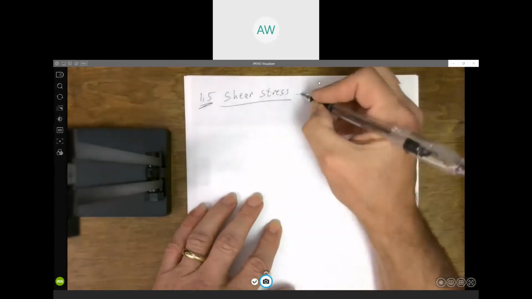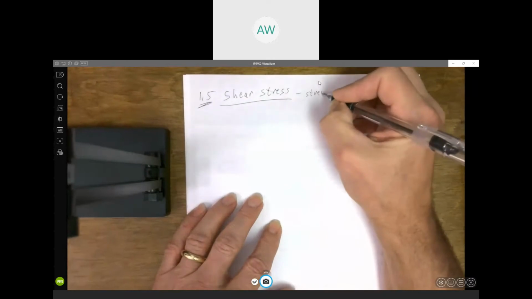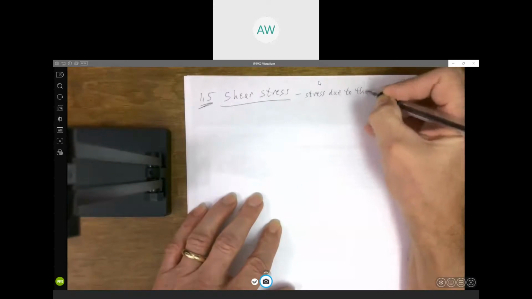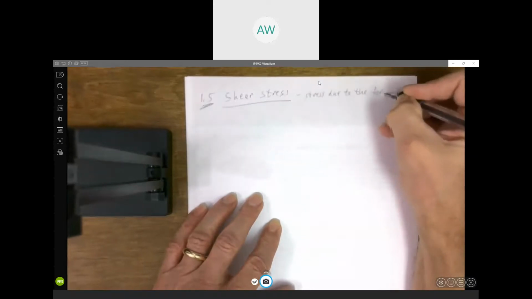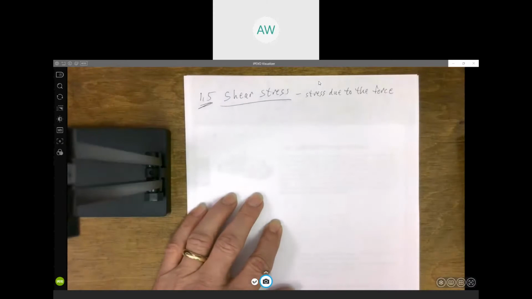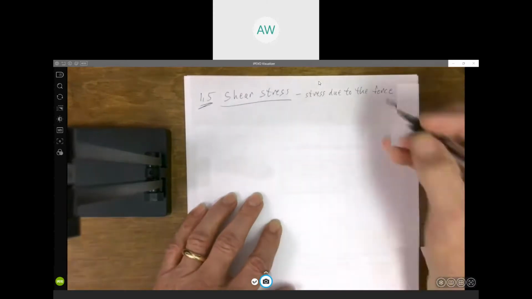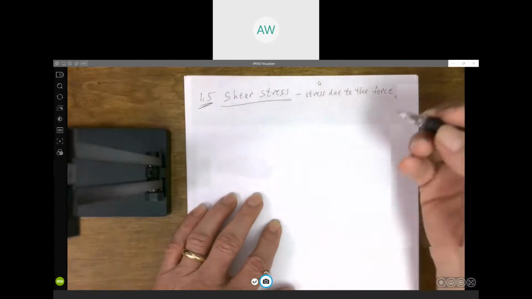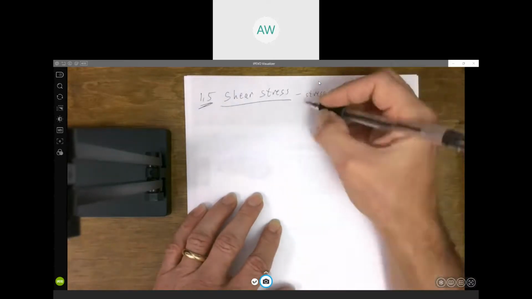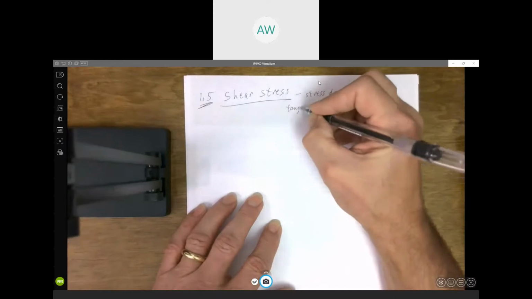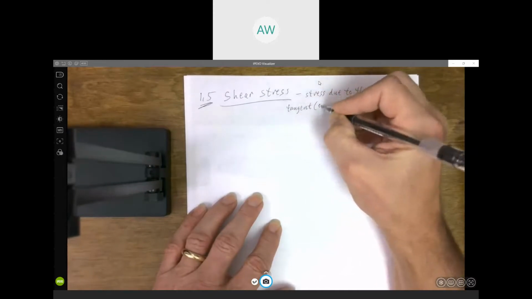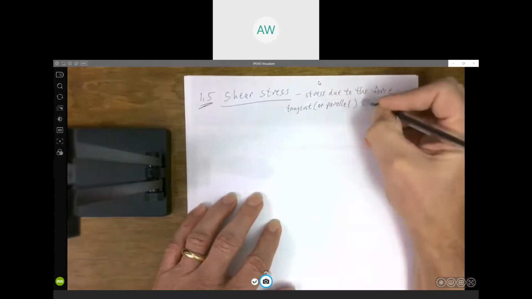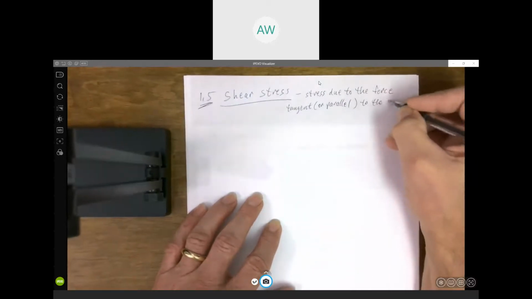And again, this is the stress that is due to the force. Instead of normal or perpendicular to the cross section, it's going to be tangent or parallel to the cross section.